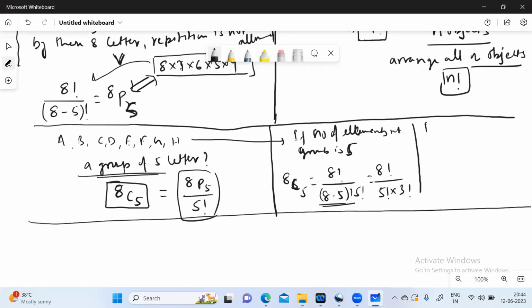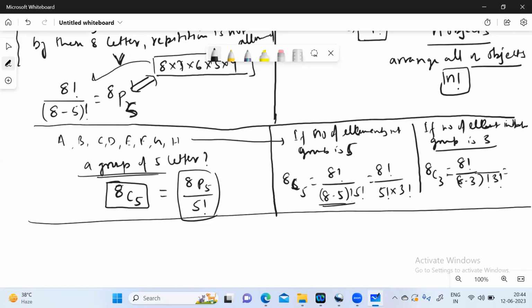And also, if the number of elements in the group is 3, the number of groups that we can create is 8C3, which is 8 factorial divided by 8 minus 3 factorial into 3 factorial, which will be the same as this.